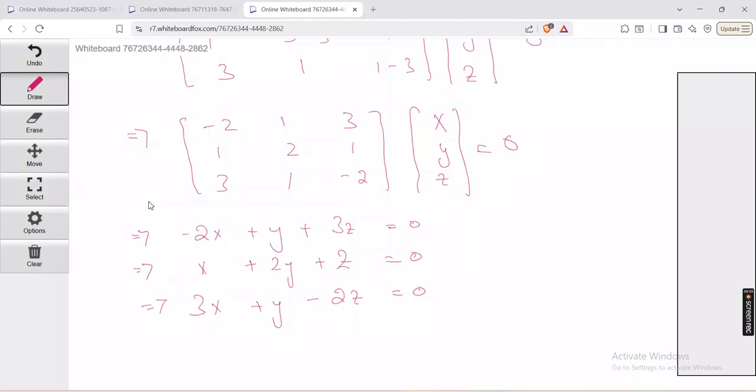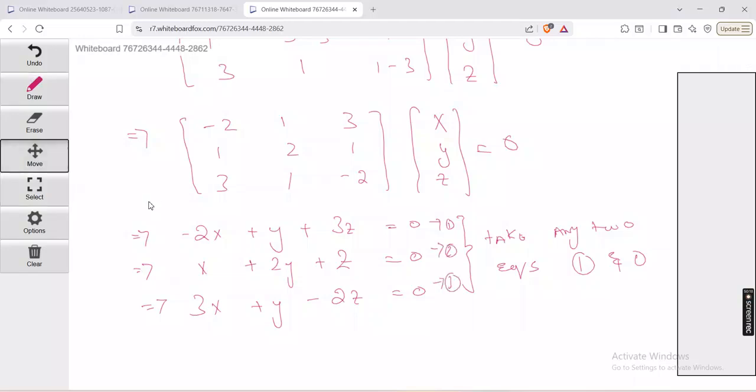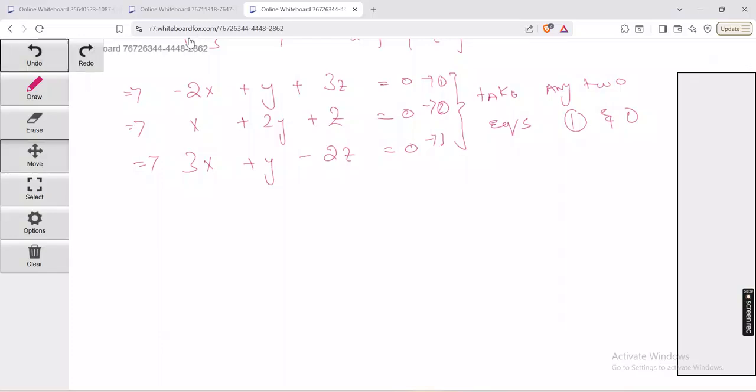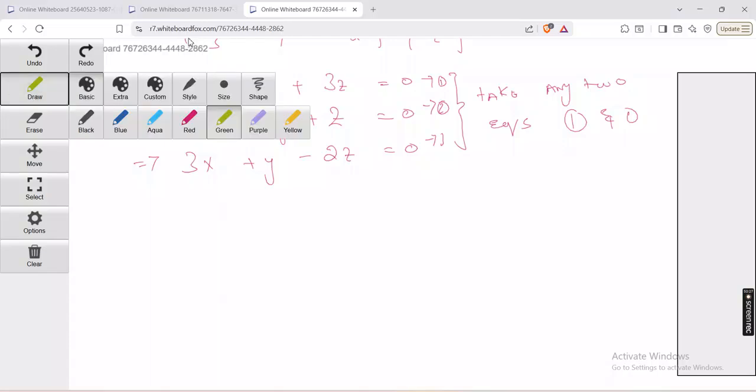I mean, you can take any two equations to solve it. It's up to you. The answer will be the same for all of them. I will check here 1 and 2, and I will solve this again by the cross multiplication method.